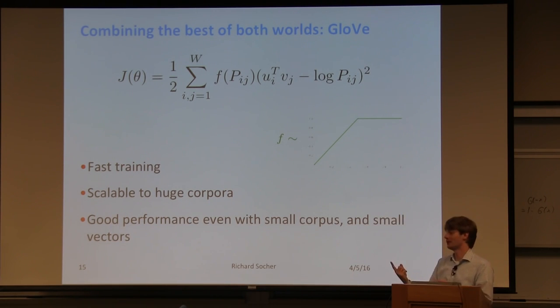In this model, you have to do that only once, because you already collected all the counts, and you're just going to minimize the distance between the inner product and some transformation of those co-occurrence counts, right? So it's a lot more efficient in that respect. You immediately go after the statistics instead of going after each sample once and hoping that eventually the statistics will fall out of the model. It's a great question.